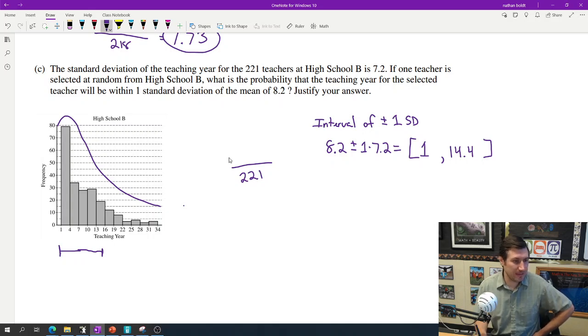So what do we have here? Maybe 79 is the first bar, and then call that 34. Call that one 28 maybe. Call this one 29. It's a little bit higher.